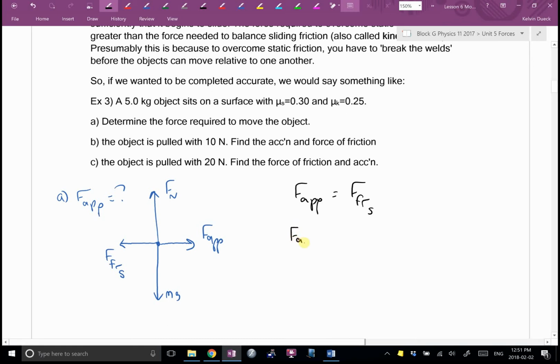And it wants me to find the applied force. Cool. Friction is what times what? I don't know the normal force. Oh, but look. The normal force is the same size as the force of gravity. Yep. Now, are we moving yet? Look up. Mu static. That's how I know I'm going to use that one.